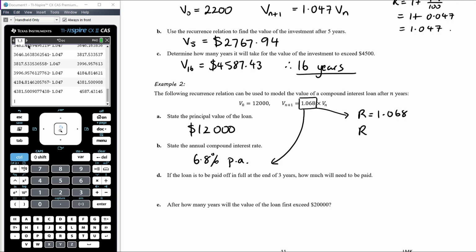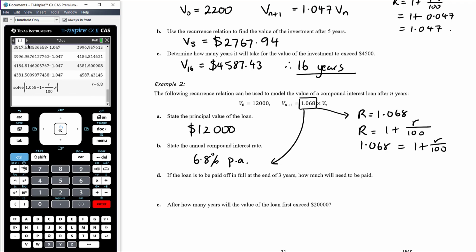We know that capital R is equal to 1 plus the interest rate over 100. So 1.068 equals 1 plus R over 100, and you could get your CAS to solve that equation if you need to. Solve that for R. It will tell me that R is 6.8.